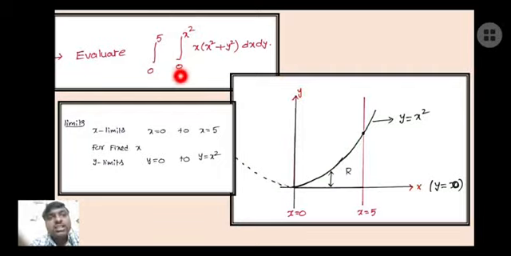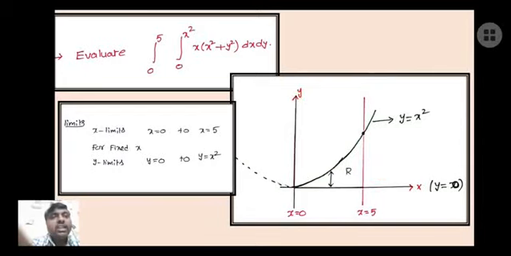So these limits correspond to y. Once again, I try to explain in the region here in the diagram. First of all, the outermost integration limits belong to x, so I am writing x equal to 0 and x equal to 5.